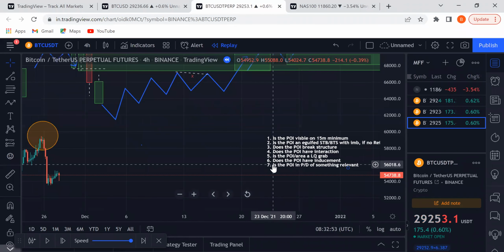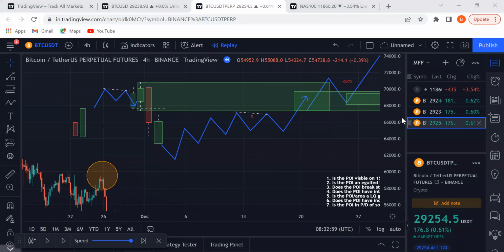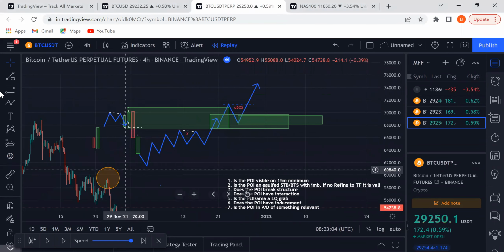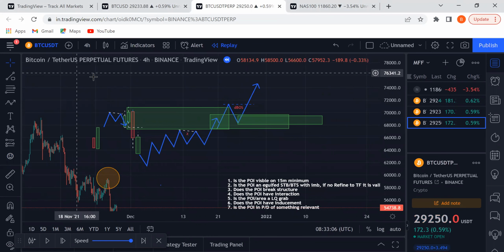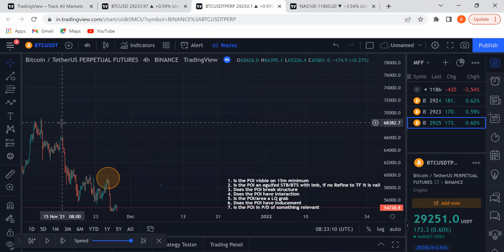Then the last one is you want it to be in premium or discount. Now, I don't know if I've ever spoken about this before, but let me just brief you about it now. Okay, let's say we have a price action like this.